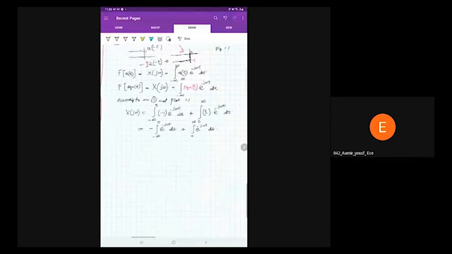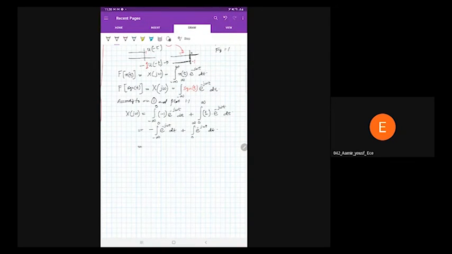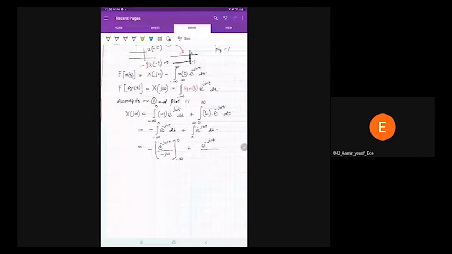Okay. And we can write X of j omega will be equal to minus times e raised to power minus j omega t divided by minus j omega, then you have limits equal to minus infinity to 0. Similarly, you have integration here, e raised to power minus j omega t divided by minus j omega.